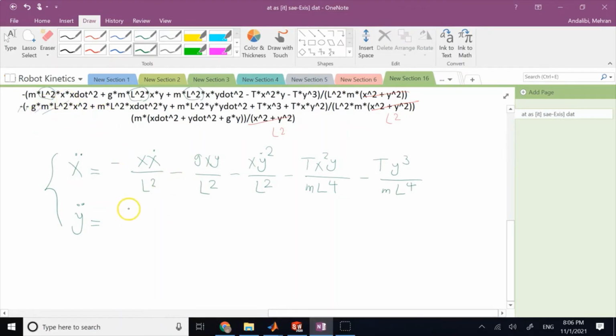You will get positive g x squared divided by L squared, minus y x dot squared divided by L squared.